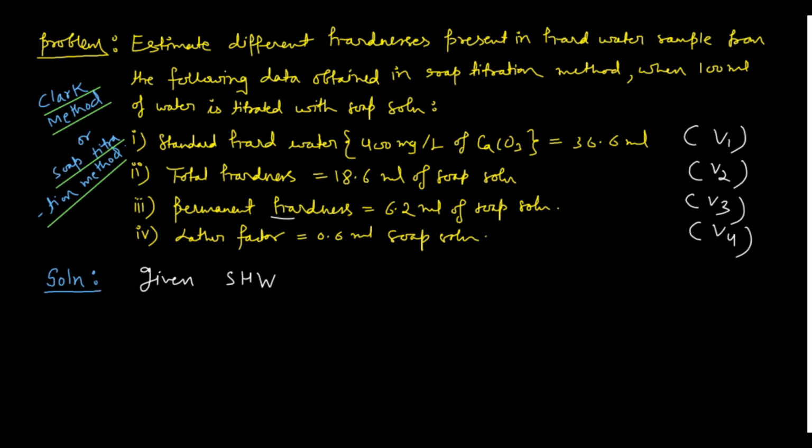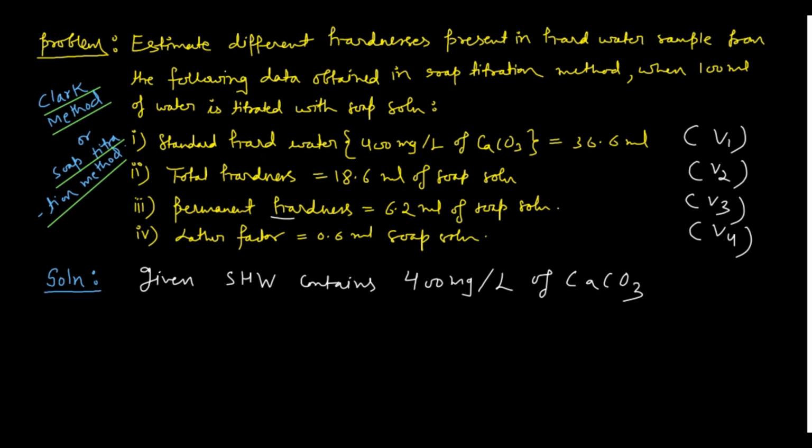SHW stands for standard hard water, and that standard hard water contains 400 milligram of hardness, calcium carbonate equivalent, milligram per liter of CaCO3. This is given in the question itself, where 400 milligram per liter of calcium carbonate is dissolved in the standard hard water. So its strength is given here.